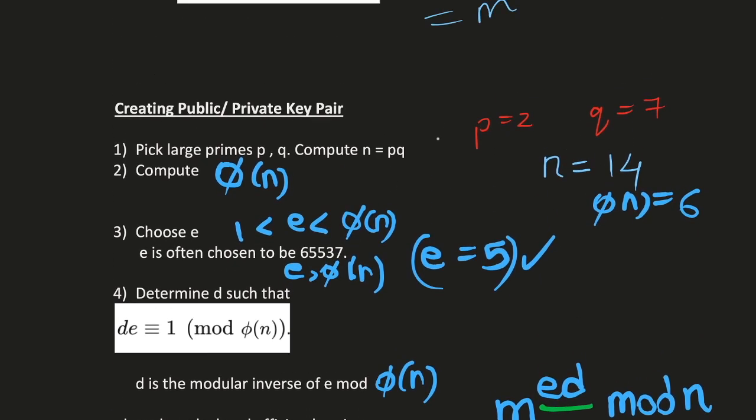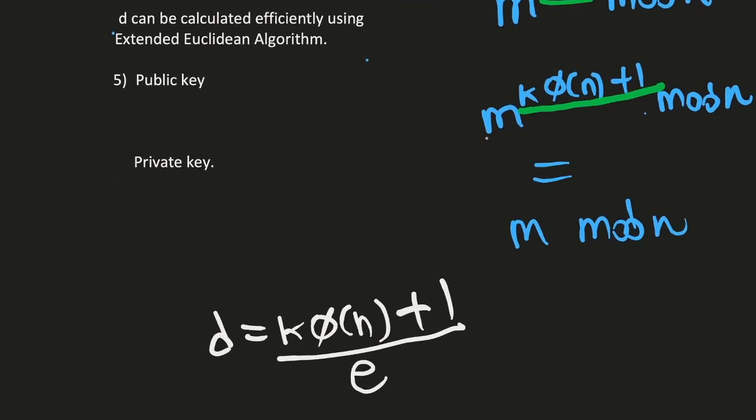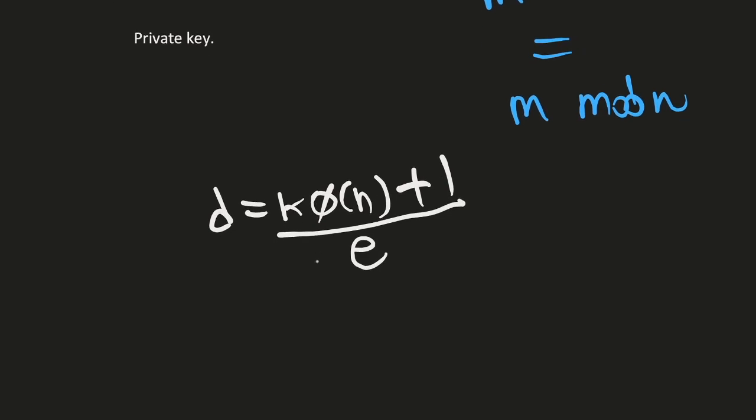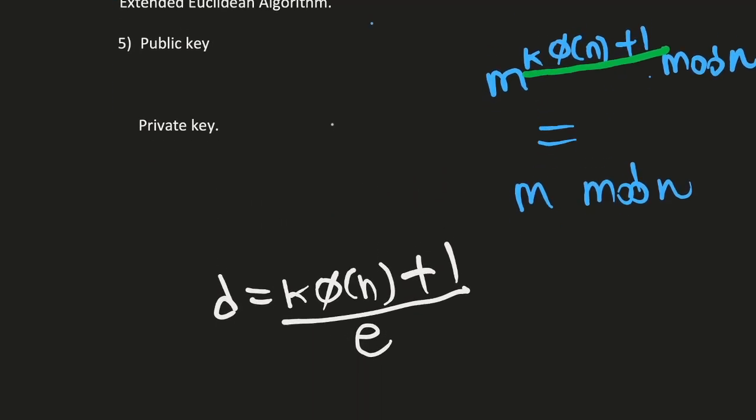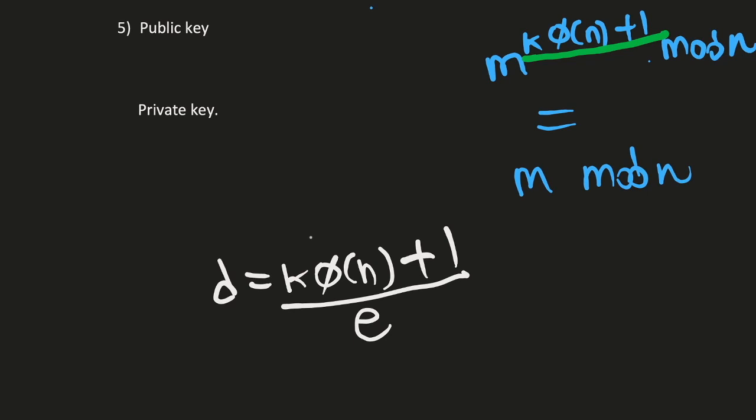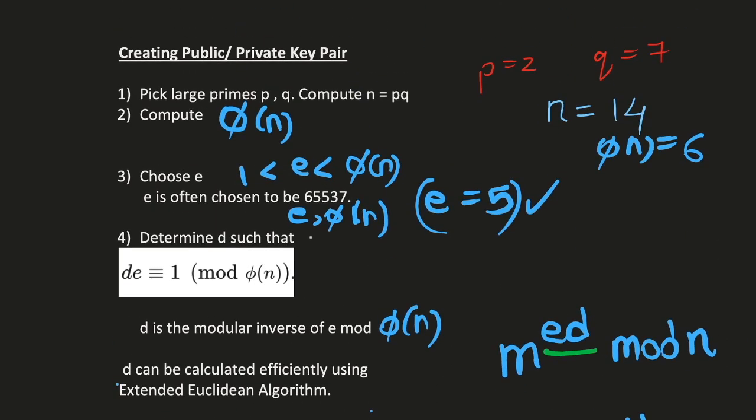If we are not able to factor n to get the prime factors p and q, there's no way an external person will be able to compute phi of n, and that is why the strength of RSA lies on this. It's computationally feasible to compute phi of n for large n only if we know the original prime numbers that we picked, p and q.